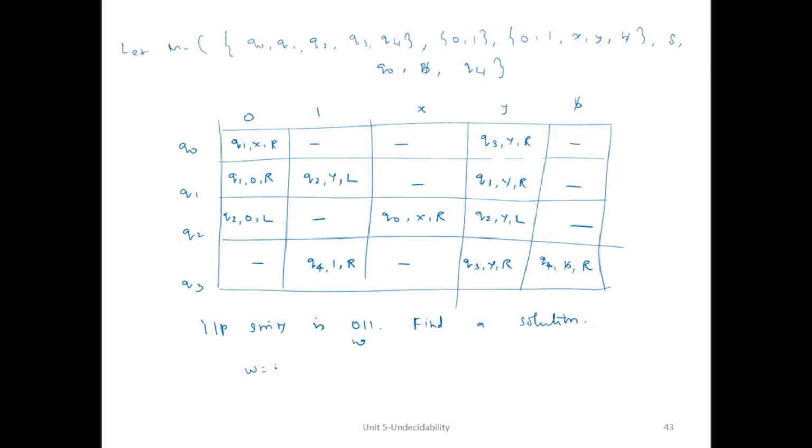So the string is 011, starting state Q0, final state Q4, and the tape symbols 0, 1, X, Y, blank space. You can write it as Z here. So these are all the tape symbols.